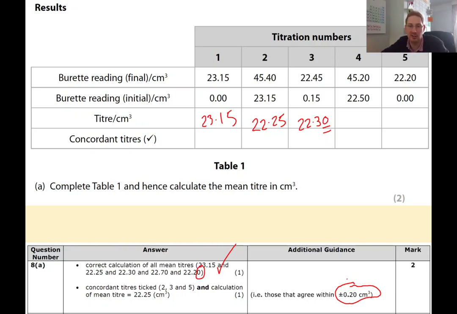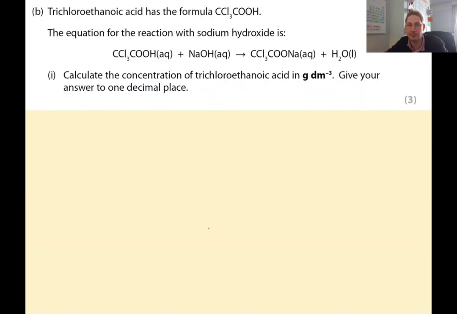If it doesn't, just use a bit of intelligence. Here it's quite clear that the ones that are way out are 23.15 and 22.70. All the others are in fact within 0.1 of each other, so it wouldn't have mattered which value you took. And I think the questions will be structured like that.